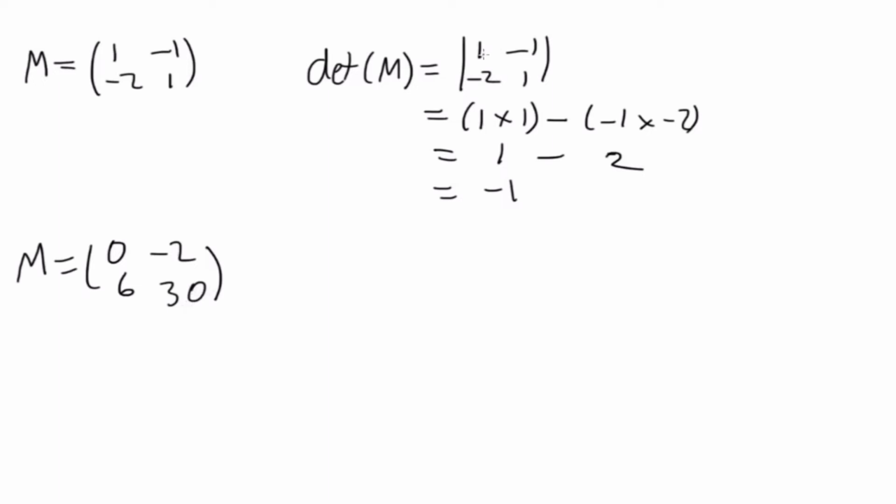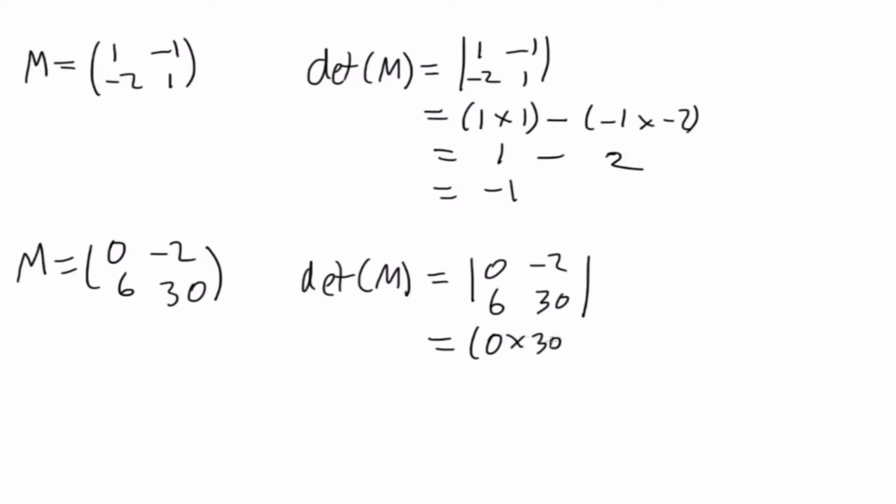But this 30 is just going to disappear because 0 times 30 is 0. So this equals 0 times 30 minus 2 times 6. That is 0 minus 12, because 2 times 6 is 12, which gives you minus 12... the two minus signs make it positive, just being 12. So they're two basic ones just to start on.